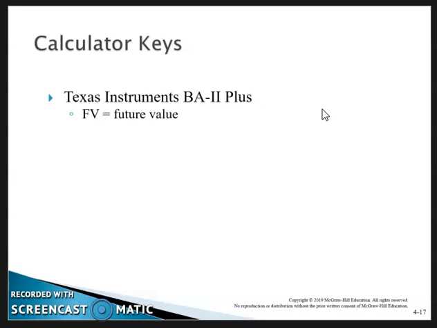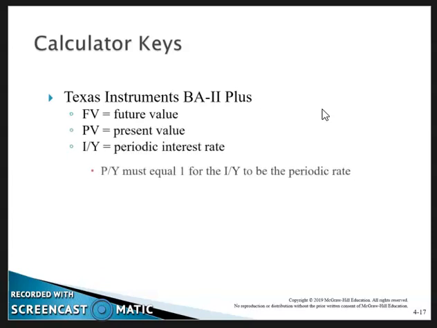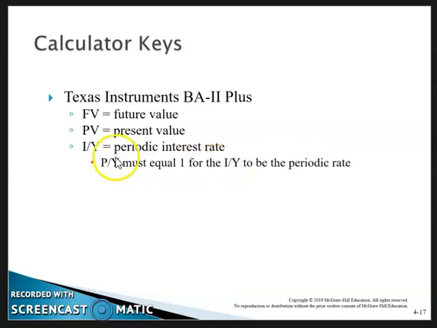FV is future value, PV is present value, IY is the periodic interest rate. I don't use the PY key. I just set it to 1 and forget about it.